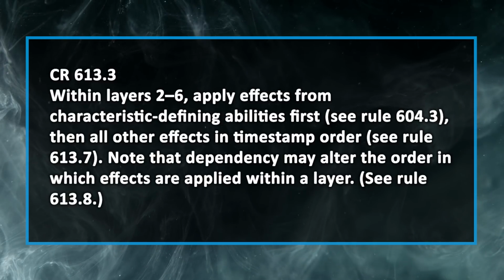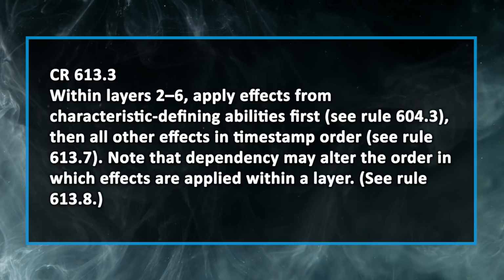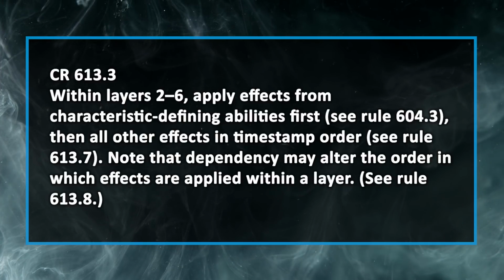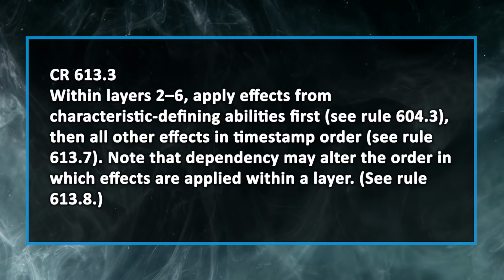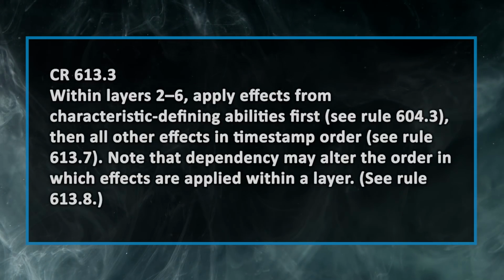Within layers 2 to 6, keep in mind Opposition Agent's effect is in layer 2. Apply effects from all characteristic defining abilities first, then all other effects in timestamp order. This means that if player A is searching their library and players B and C control Opposition Agents, whoever's Opposition Agent came into play most recently will control player A during that search.